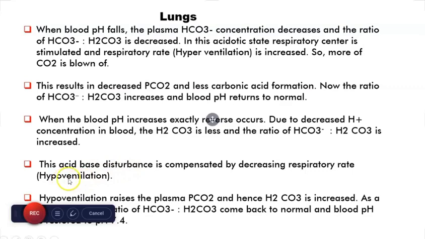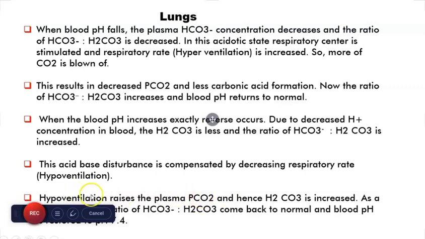So the body will be in the state of hypoventilation to compensate the body that has run to the state of what? Alkalosis. So in order to compensate the body for running to the state of alkalosis, there will be hypoventilation. While in the former one, to compensate, the body will be in the state of hyperventilation. And so hypoventilation raises the plasma level of CO2, and these guys and water are the ones that form carbonic acid.